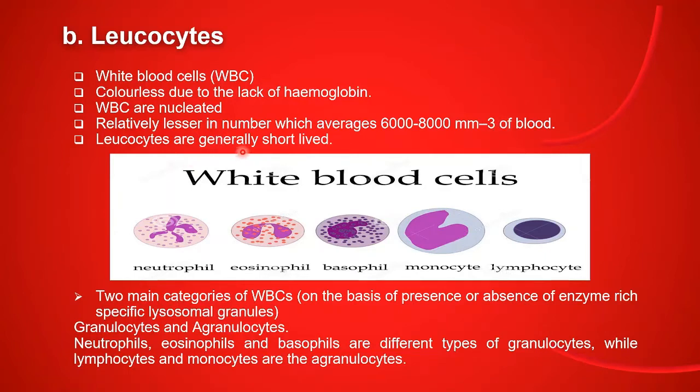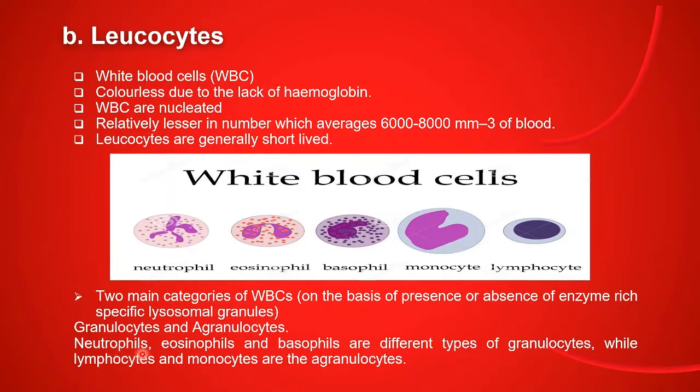And these are generally very short-lived, unlike RBCs, which were 120 days. Now, 2 main categories of WBC are there, and the categorization is done on the basis of the presence or absence of enzyme-rich specific lysosomal granules. So these granules, their presence or absence, have made the basis for their categorization. Granulocytes if granules are present, agranulocytes if these granules are absent.